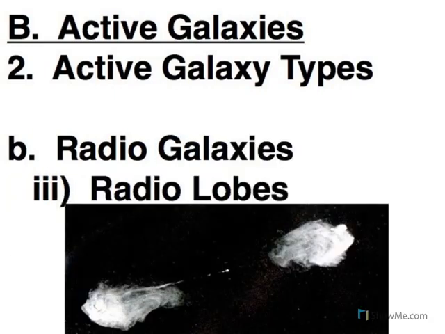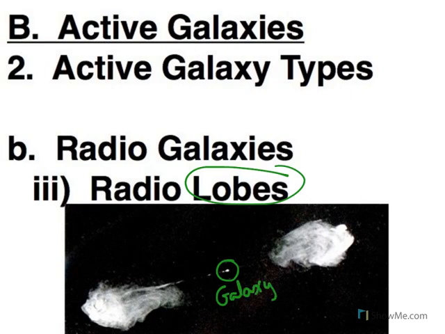And so we call that a radio lobe. So in this case, here's our galaxy. And here's our two lobes. So those are in the radio. So we can label that radio lobe.